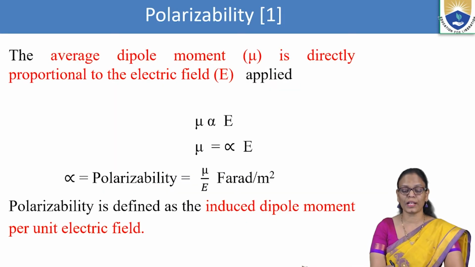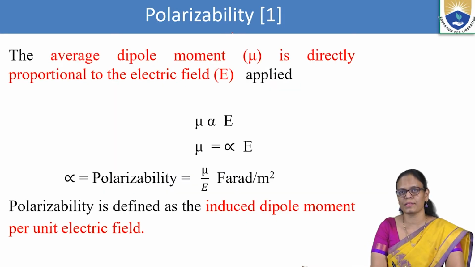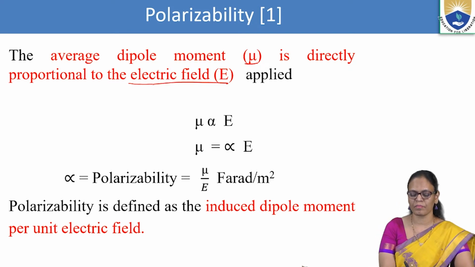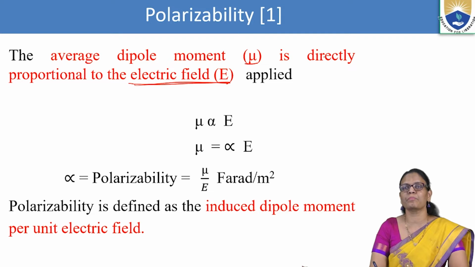Now coming to polarizability. What is polarizability? The average dipole moment mu, we have discussed dipole moment. The product of charge and distance gives us the dipole moment. This is directly proportional to the electric field. What do we mean by directly proportional?